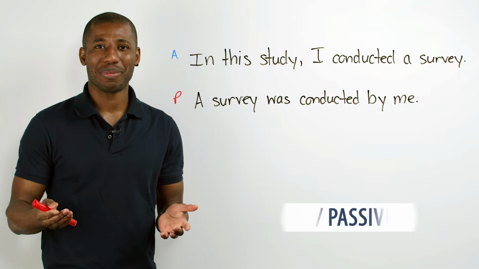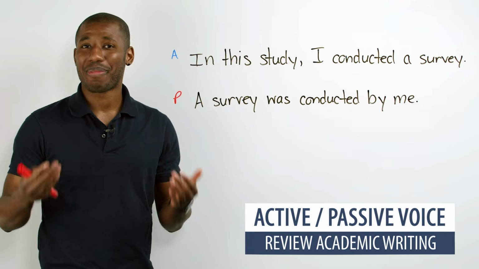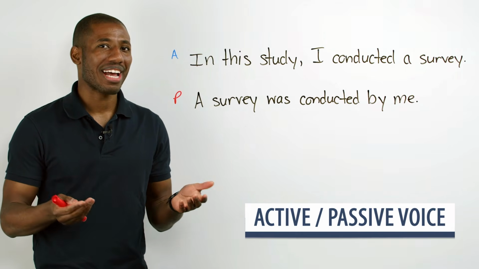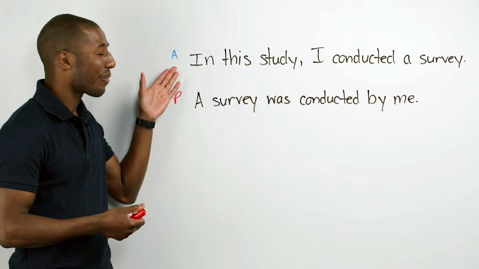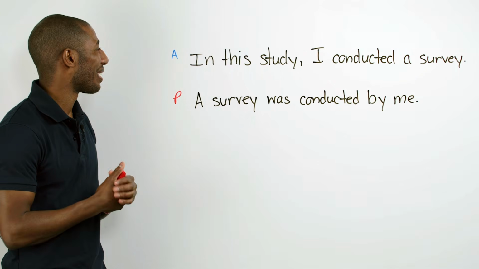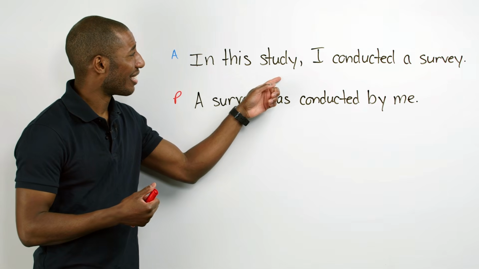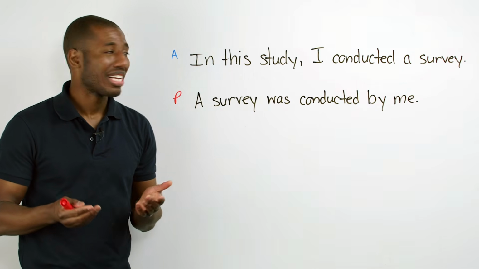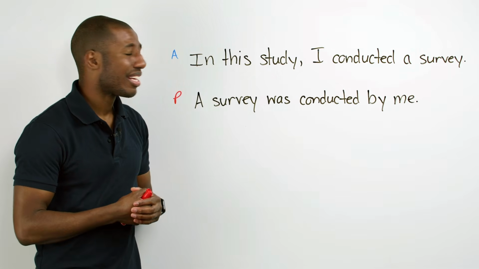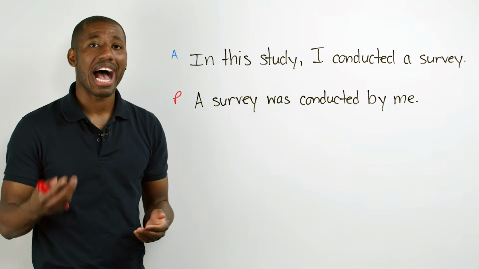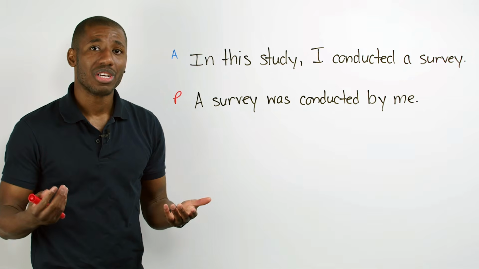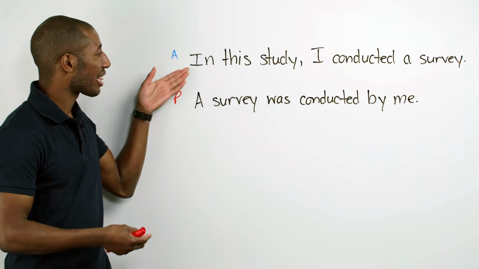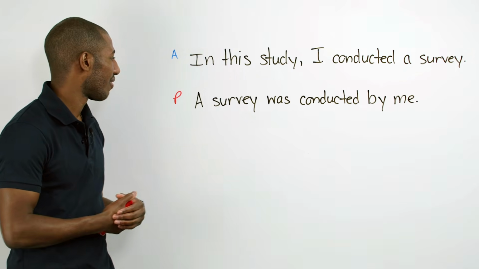For our final example, let's review using the passive voice for academic writing. Here we have a sentence written in the active voice. In this study, I conducted a survey. Whenever you are doing academic writing, it's important to leave out words such as I or me. So you can switch from the active voice to the passive voice.